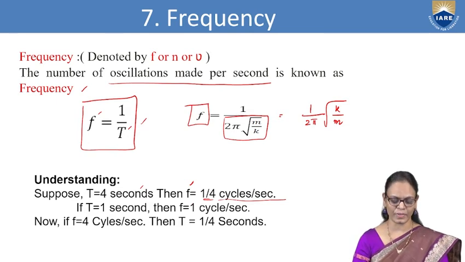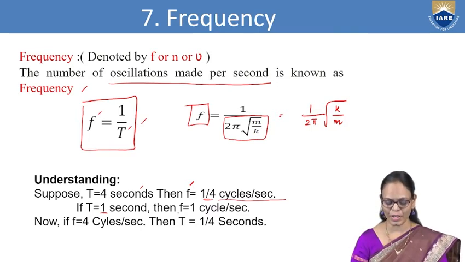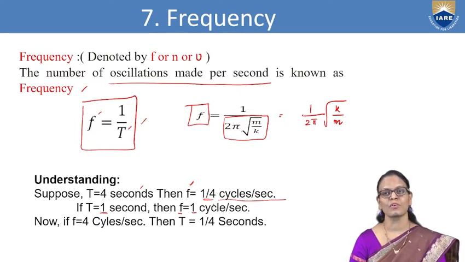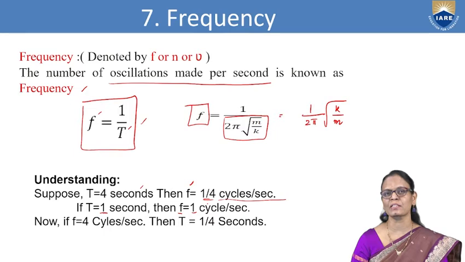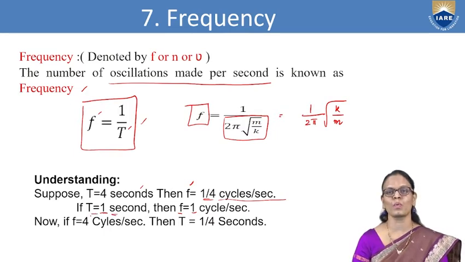Now if we see the other way, if the time period is 1 second, it takes 1 second to complete one oscillation. So what is the frequency? 1 by 1, that is 1. Frequency means the number of cycles made per second. So in 1 second, how many cycles is it making? 1. So this is how we relate frequency and time period.